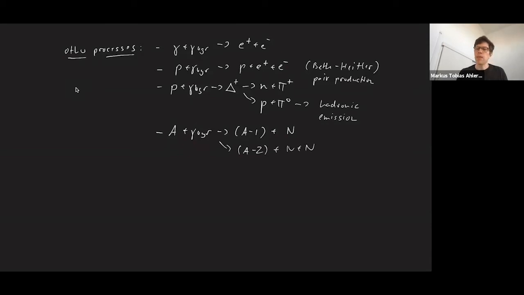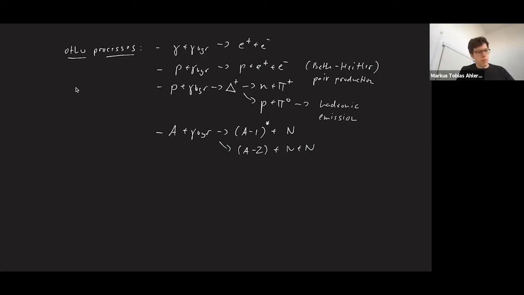This process can also leave you with excited states. So the A-1 nucleus could be in an excited state, and this excited state can then de-excite and produce line emission of gamma rays. But usually this is not so important in cosmic ray physics. Okay, I think this is all I wanted to say about that.